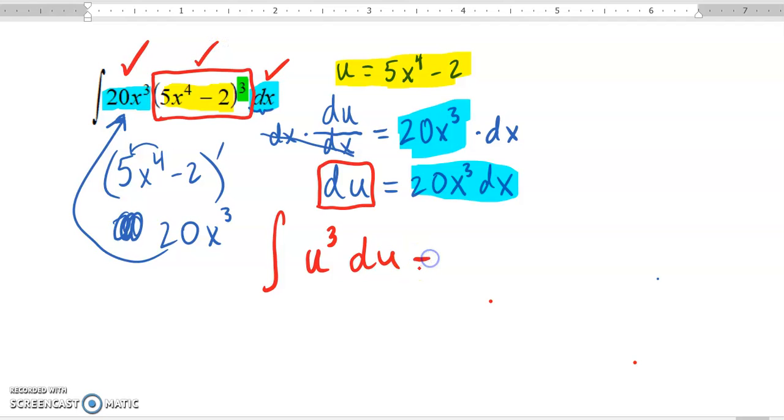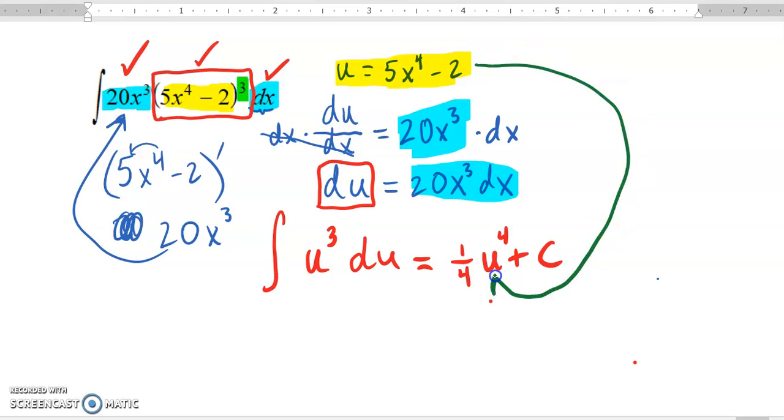Now I can take the antiderivative of this, and it would just be u to the power of 4 times 1/4, or divided by 4, which is the same thing, plus C. Now we're almost done. To rewrite the problem back in terms of x, all you have to do is substitute for u. We established that u is 5x to the fourth minus 2.